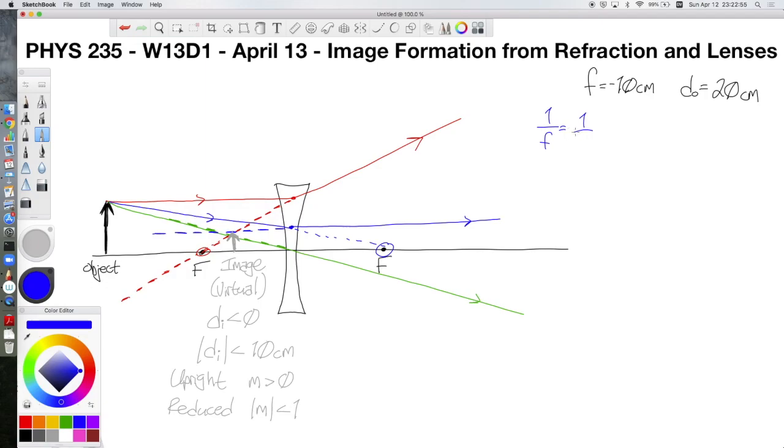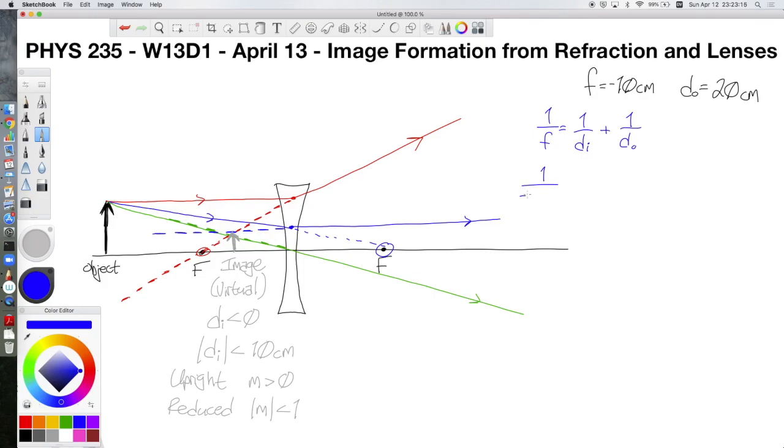Again, the thin lens equation, 1 over f equals 1 over di plus 1 over do. You note that I write the right-hand side of this equation in either order. Addition is commutative. You can do it in either order. So 1 over di plus 1 over do is equivalent to 1 over do plus 1 over di.